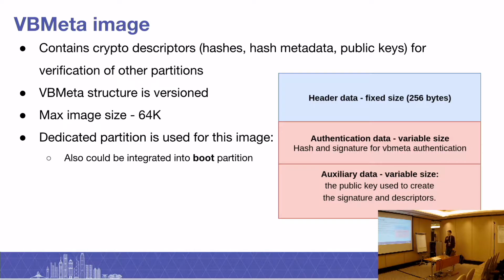Everything is built around the VB meta structure. VB meta contains crypto descriptors like hashes, hash metadata, public keys, and so on. It is a kind of storage for all these descriptors for implementing the chain of trust and verifying other partitions. First of all, the VB meta structure is versioned.